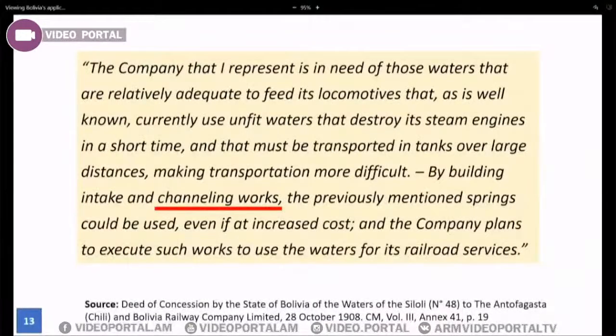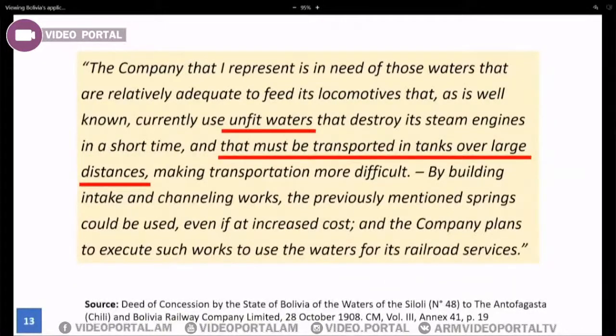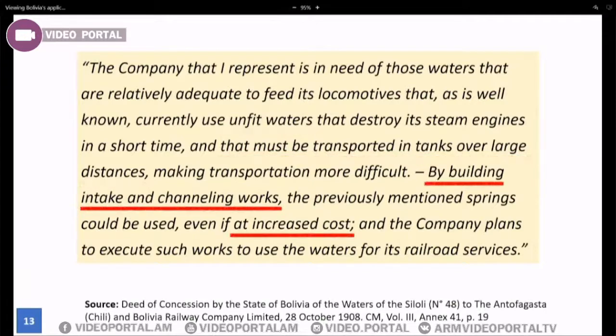Furthermore, it is clear that already in 1908, the FCAB had plans to install, quote, "channeling works," unquote, in the upper reaches of the Silala in Bolivia where the springs occurred. Moreover, the company wanted to find a viable alternative to the very difficult transportation of, quote, "unfit waters in tanks over large distances," unquote. And finally, the company was willing to build the, quote, "intake and channeling works at increased costs," unquote.